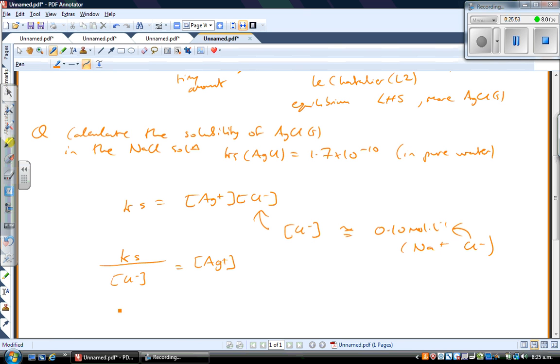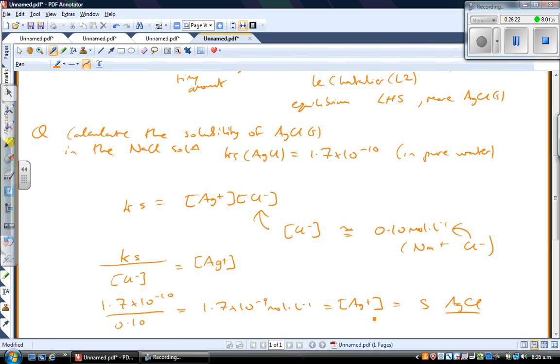The original Ks value was 1.7 by 10 to the minus 10 divided by 0.10, which will give us a value of 1.7 by 10 to the minus 9 moles per liter, which is equal to the concentration of Ag plus, which is equal to the solubility of AgCl, because S is equal to the solubility of AgCl as it is to the concentration of Ag plus.